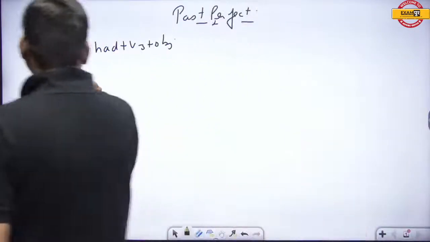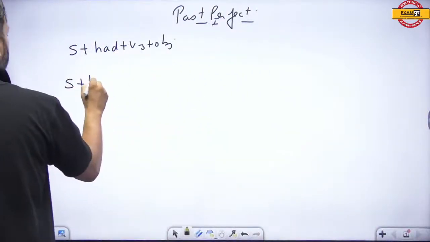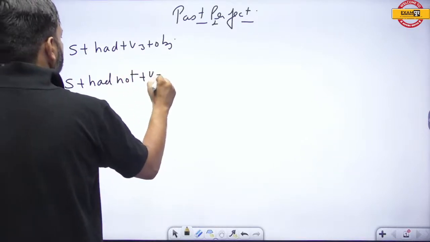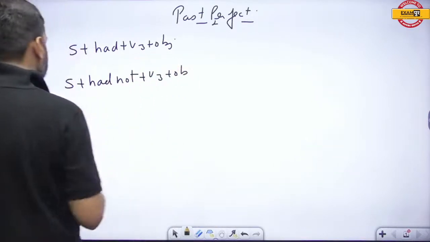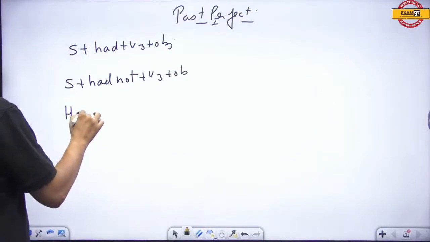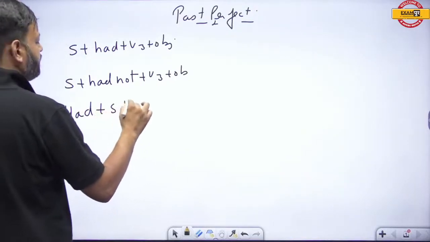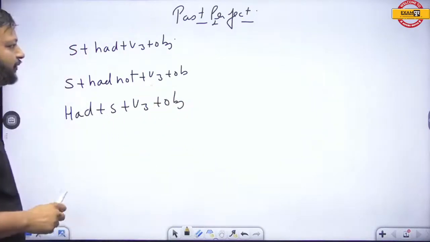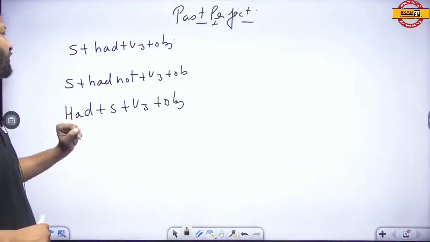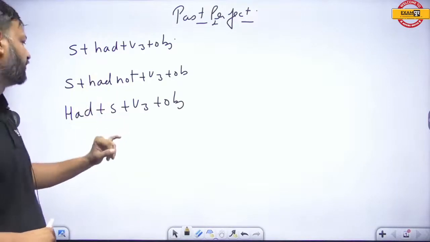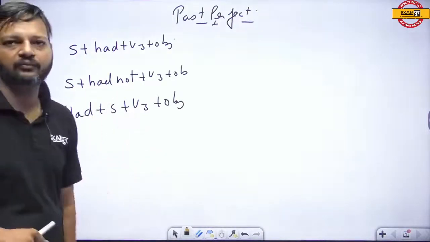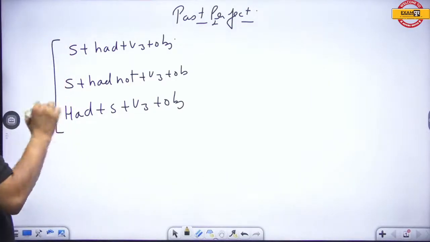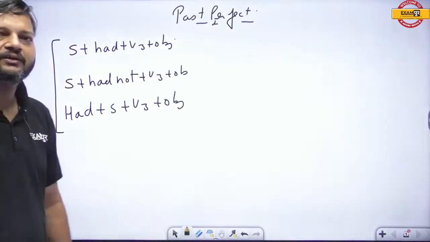Let me write: subject, had not, third form of verb and object, and had, subject, third form of verb and object. So these are the structures of past perfect tense.